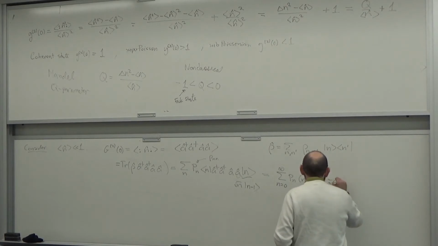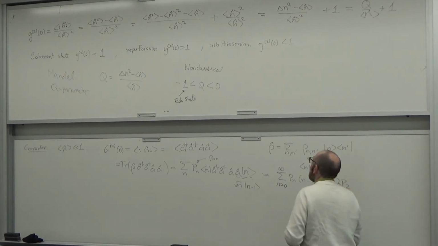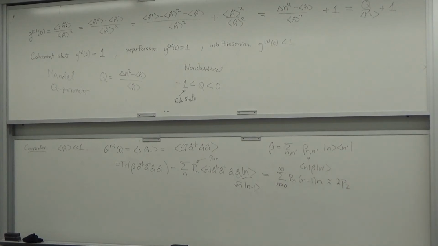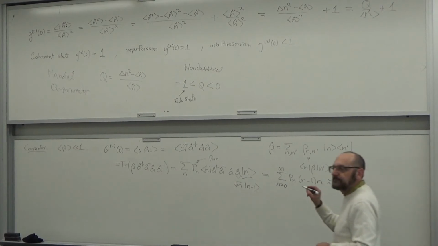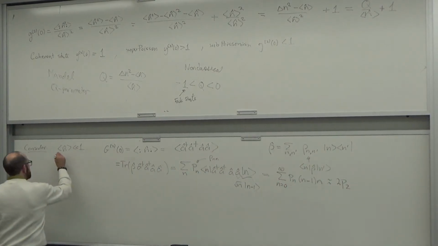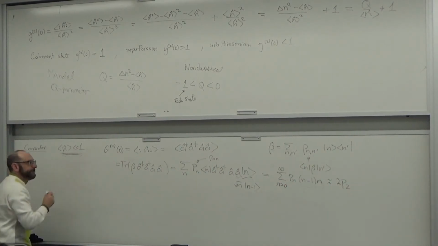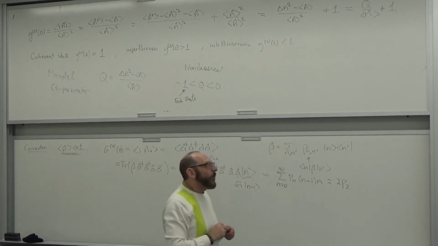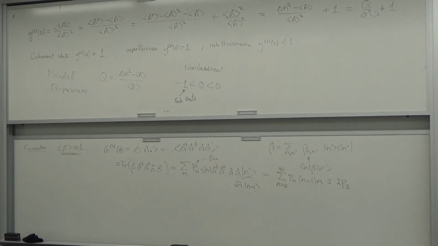So this is approximately equal to 2 times the probability of there being 2 photons in that mode, when this is true. Now, how do I understand this factor of 2?